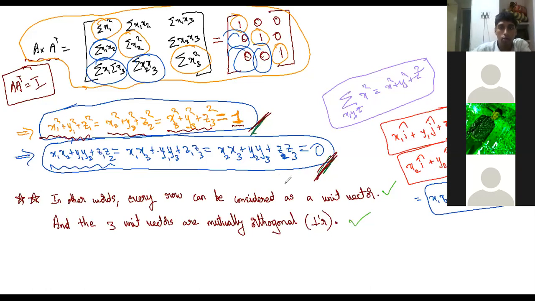Sir, ये ऊपर वाला statement फिर से समझा देंगे. Every row can be considered as a unit vector. What is the magnitude of this vector x1i plus y1j plus z1k? 1.